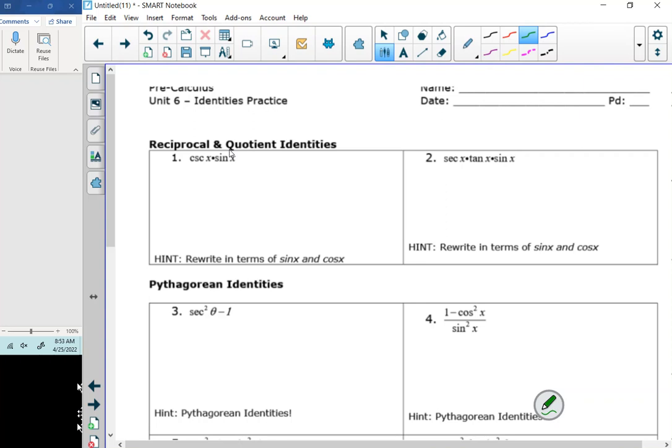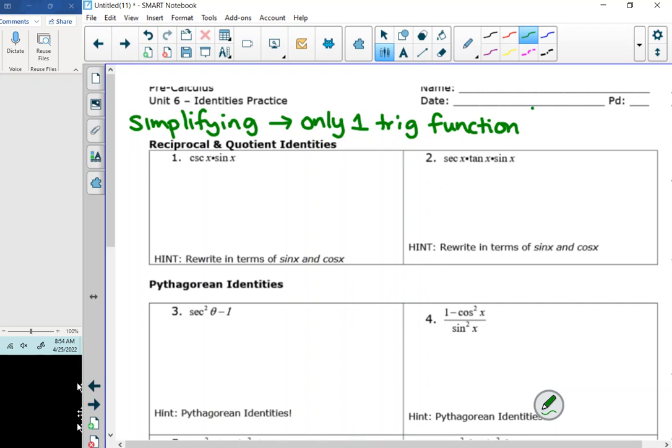Now, rewriting is kind of open-ended because you're like, well, how do I know I'm done? I mean, I can change anything. I could change everything in the problem. What is my goal of changing it? Okay. Well, in trig, when we talk about simplifying expressions that have multiple trig functions in them, we would like them written with just one trig function if possible.